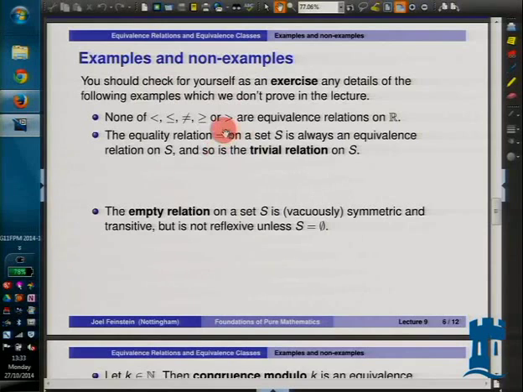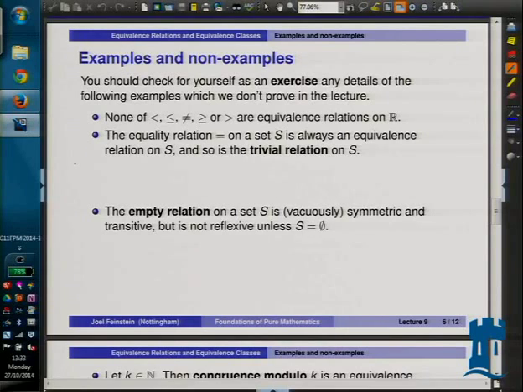You can use equality, and indeed you can use not equality on any set. The equality relation, equals, on a set is always an equivalence relation, and it's very boring, and so is the trivial relation, that's boring as well. So equality, remember, is completely trivial if you start writing down what's going on with equality. In fact, it looks really silly.